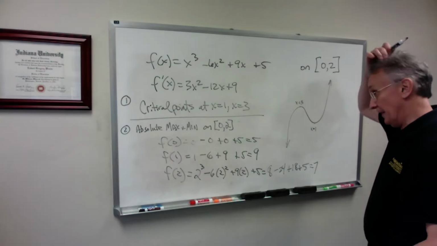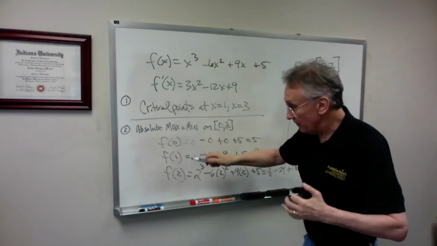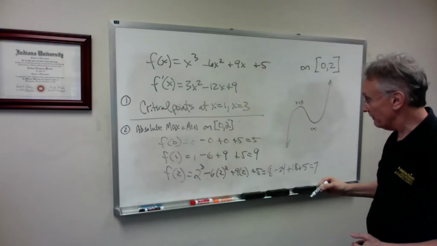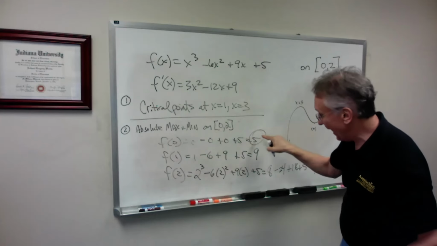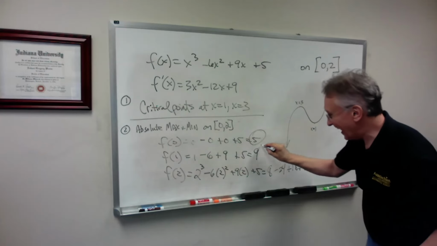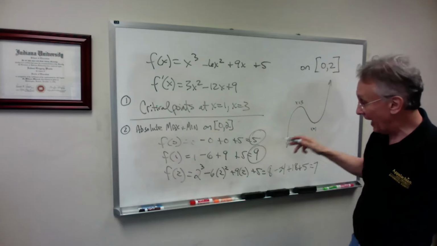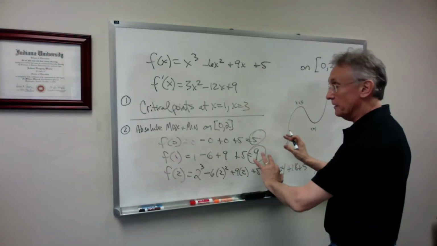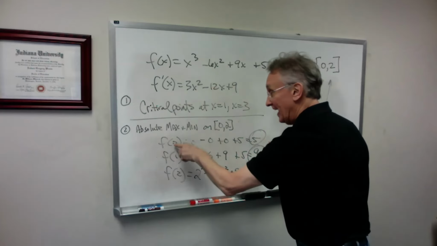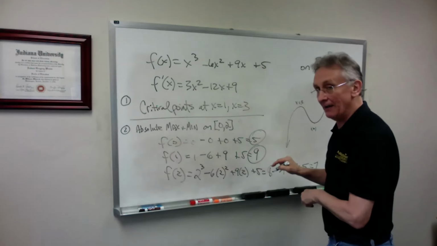So that's it. Of those 3 points that we were concerned about, the lowest value is 5, therefore that is the absolute minimum. 9 is the largest, therefore the absolute max is 9. So the absolute minimum occurs at 0 and is 5.